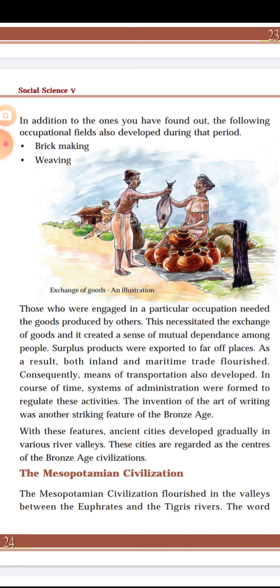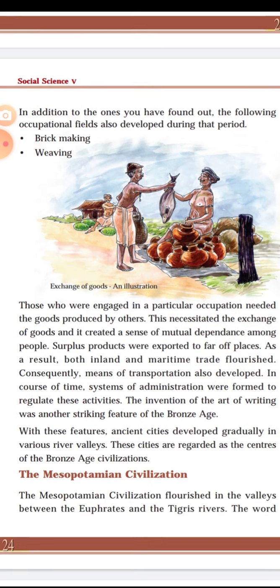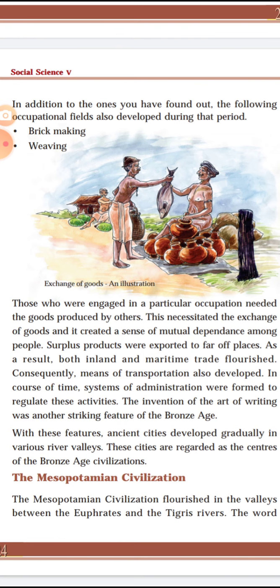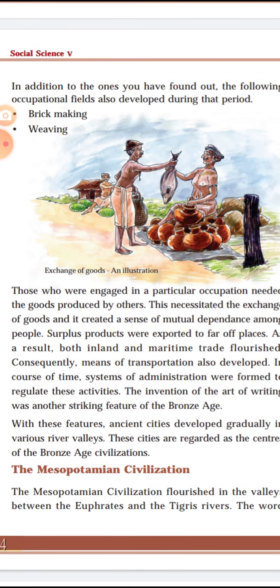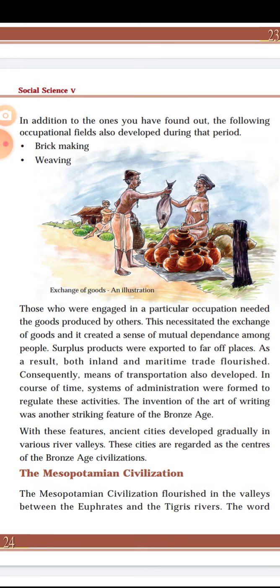Trade flourished. Transportation developed. Administration formed. Administration is formed to regulate these activities. To regulate all of these activities, administration was formed.